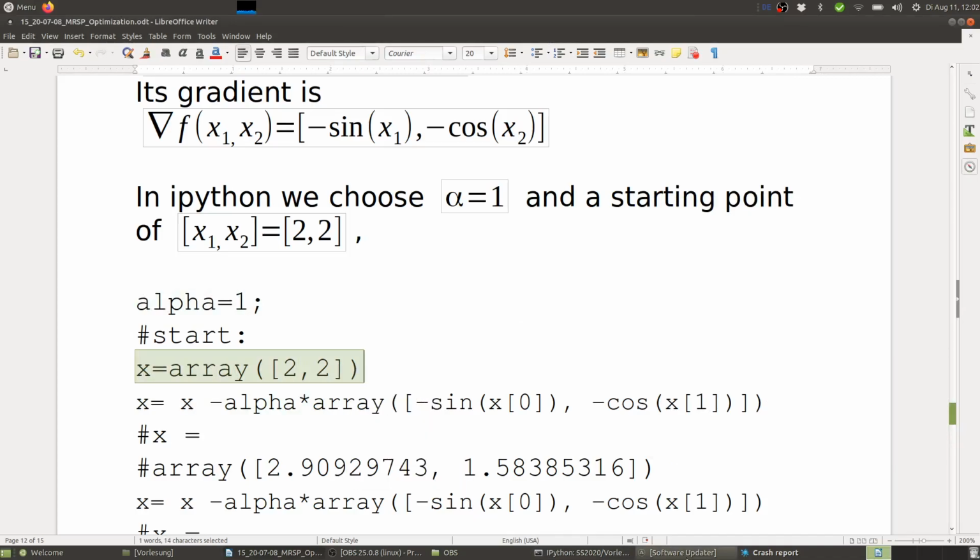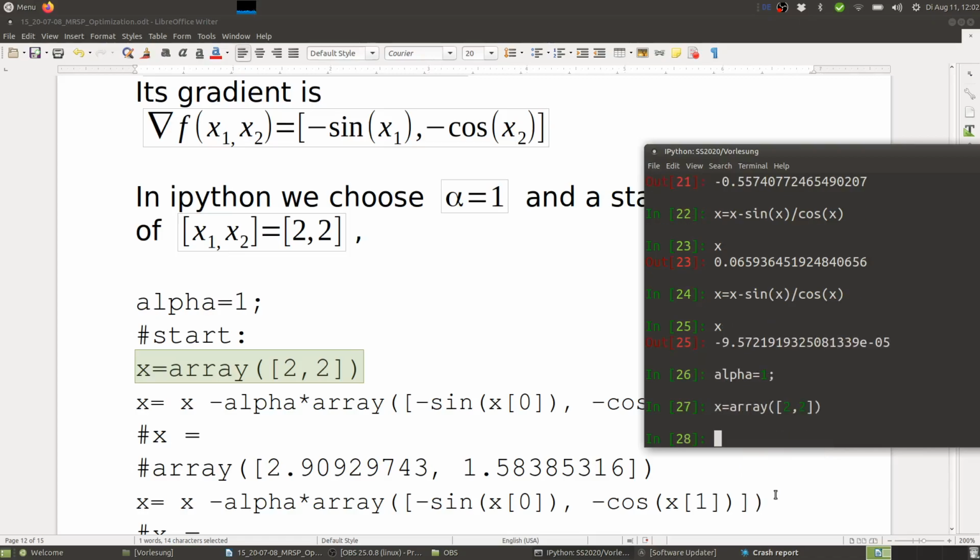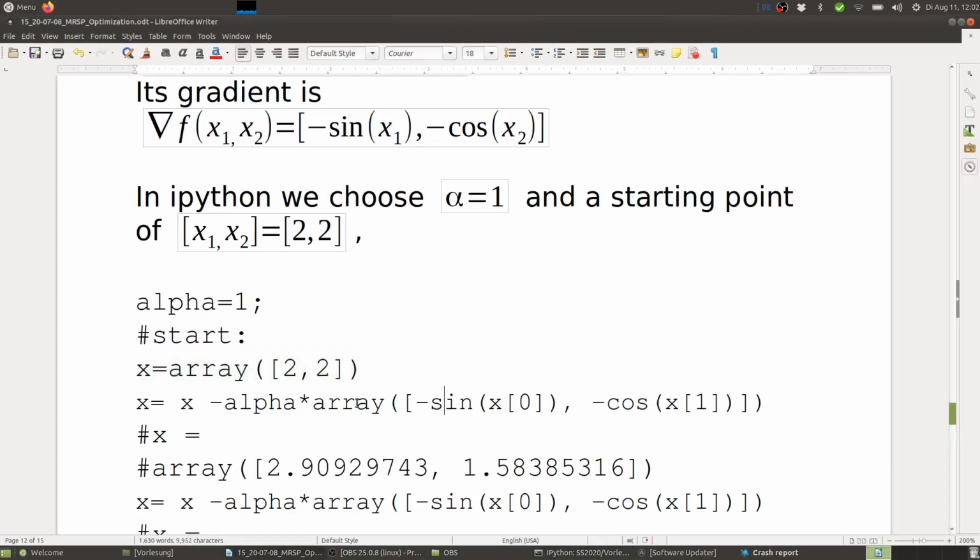Copy, paste. Here's our x. So now you can see the x consists of those two values, our array. And this is now our update formula. You can see the new x, the new array x, is the old array x minus this alpha times our gradient.